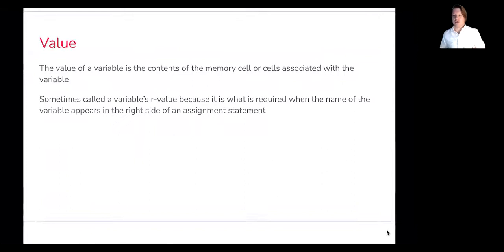We've also briefly alluded to what a value is. The value of a variable is the contents of the memory cell or cells, if we're talking about an array, associated with that variable. Sometimes this is called a variable's R value because it is what's required when the name of the variable appears on the right side of an assignment statement.